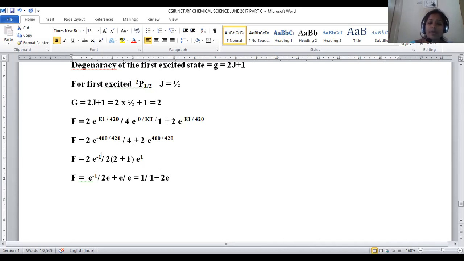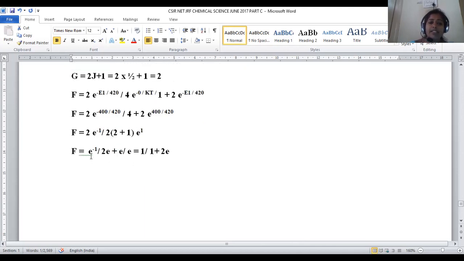So 2 into e to the power minus 1 by, so here 4 plus 2 can be taken as 2 into 2 plus 1. We will take 2 as a common. 2 into 2 plus 1 and e to the power 1. Right. So the 2 gets cancelled. e to the power minus 1 by 2e plus e by e is equal to 1 by 1 plus 2e.